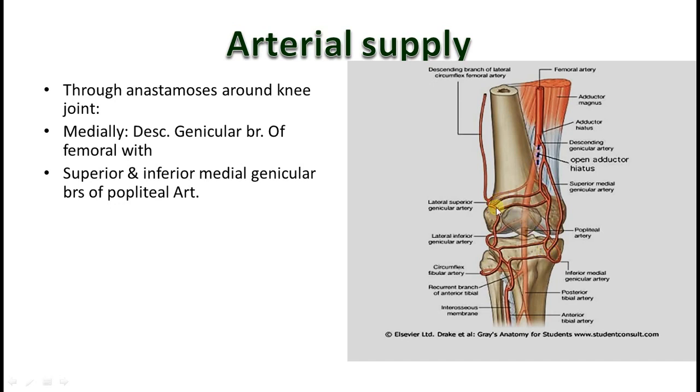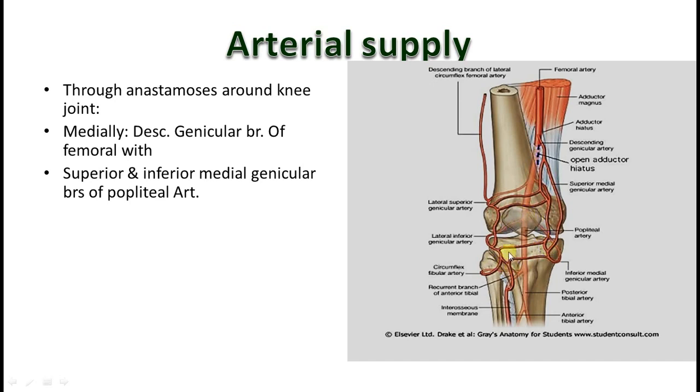The superolateral genicular branches will anastomose with the descending branch from the lateral circumflex artery. Then inferolaterally it is with the circumflex fibular branches. So the branches are the superomedial, inferomedial, superolateral, inferolateral and middle genicular branches from the popliteal artery.